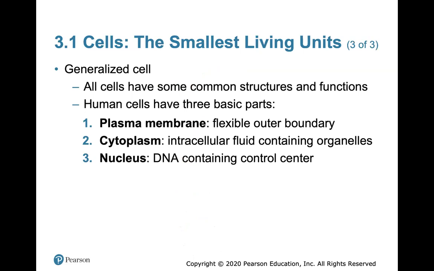So those different cells have some basic common features. A plasma membrane is the flexible outer boundary. The cytoplasm is intracellular fluid containing organelles. And then the nucleus is the DNA containing chemical center. And a lot of these basic parts of the cells, we are not going to touch on a lot. So I want you guys to review those on your own in this chapter.